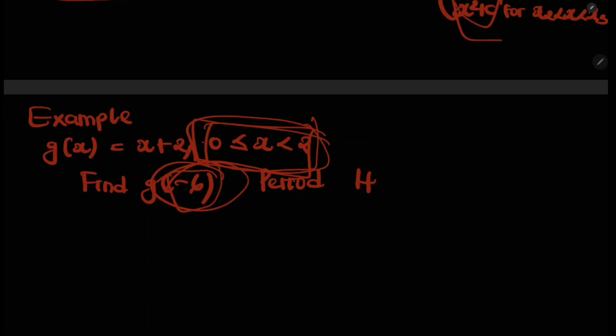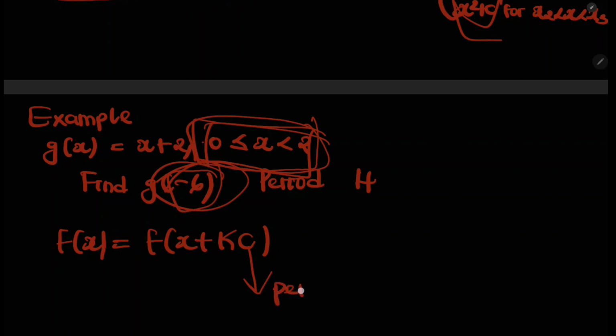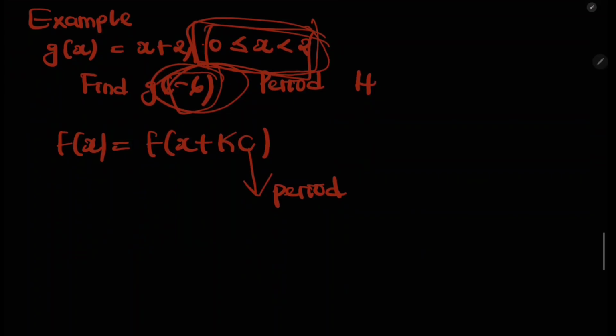So that is where we have to use a different approach, a different formula, which is f of x equal to f of x plus kc, in the case where c is our period, and our period was given, which is 4, while x and k are certain constants in which we need to operate to give us this minus 6.